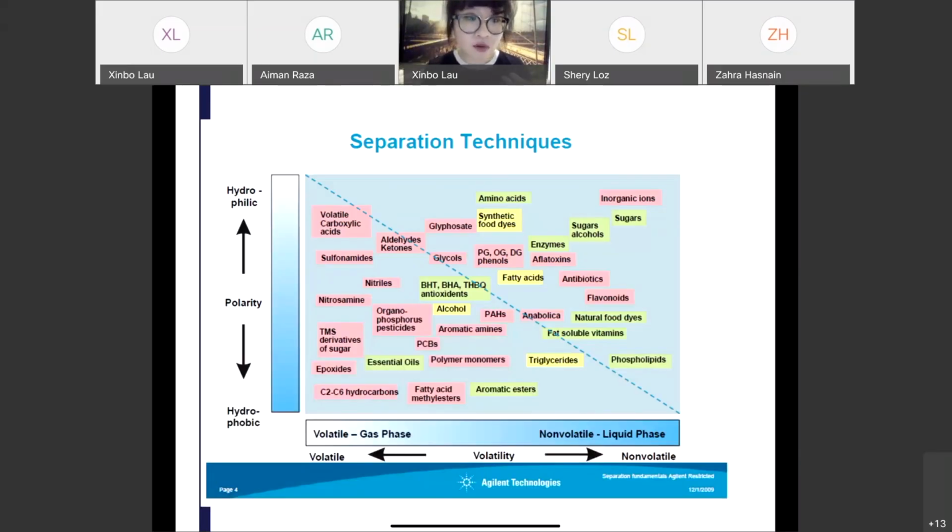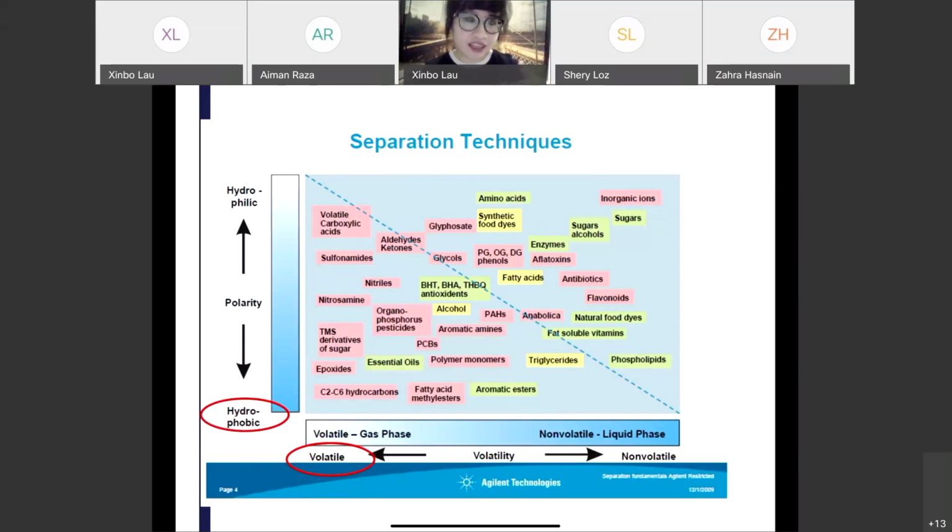It depends on what you have. If you want to study compounds in the left bottom corner, you're probably going to choose gas chromatography, and otherwise you'll probably need to choose liquid chromatography. Again, it depends on what kind of sample you have. So think about it, gas chromatography.